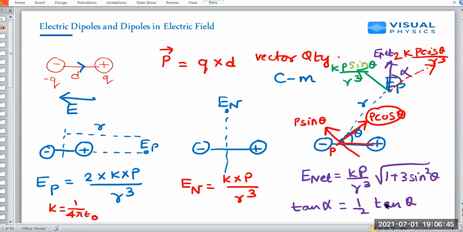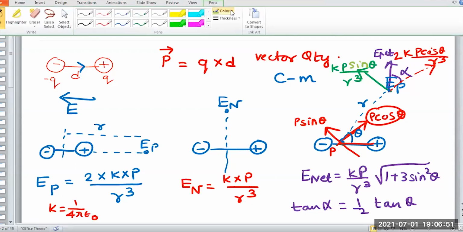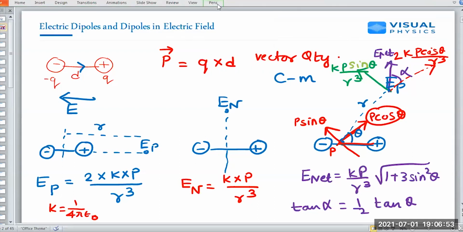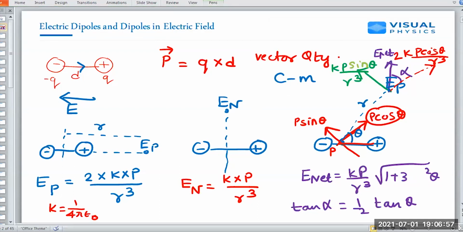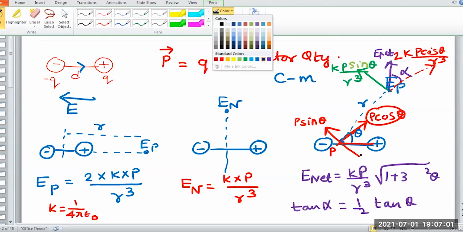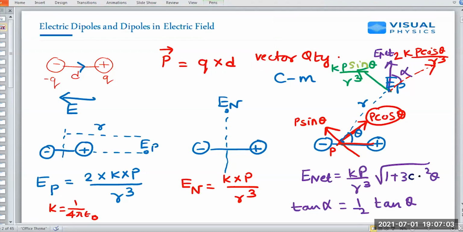Okay. So yeah, E net also I have cos square theta. Thank you, Naveen, for this minor glitch.